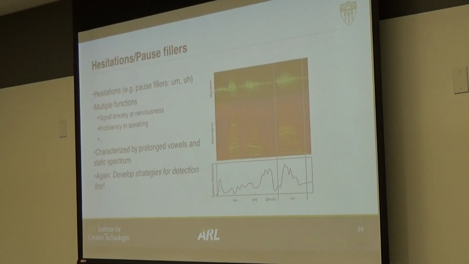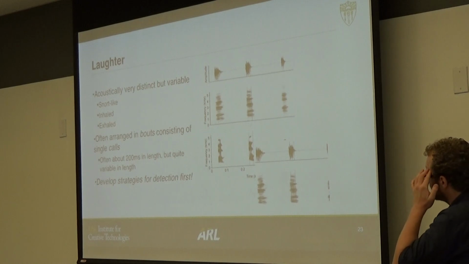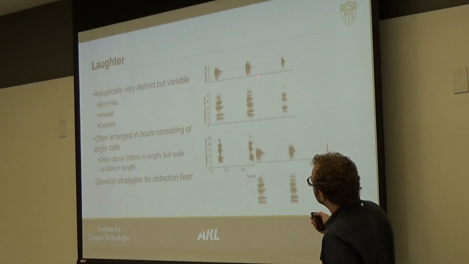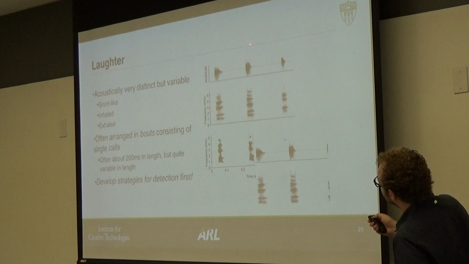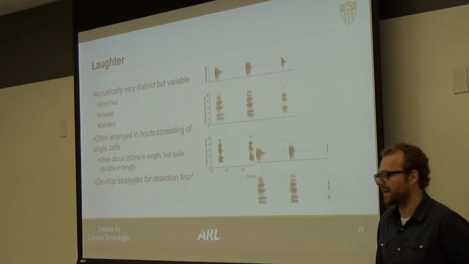Okay, and then we looked at a few of these laughter bouts, and we talked about how the narrowband and the broadband spectral analysis give you different viewpoints on the same data. And you can see this rhythmic pattern.